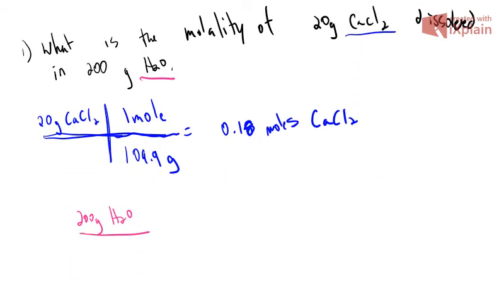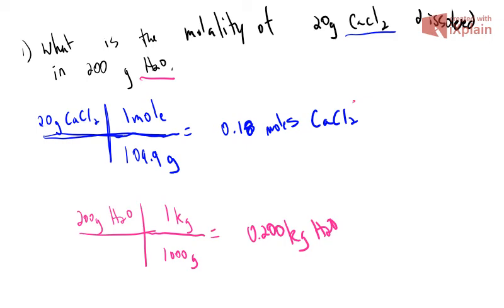That's why I had to change that. 200 kilograms is a lot. For 200 grams of H2O, I know for every 1,000 grams there is 1 kilogram, so I multiply the two numbers on the top. That is 200 divided by 1,000, which is 0.200 kilograms of H2O.